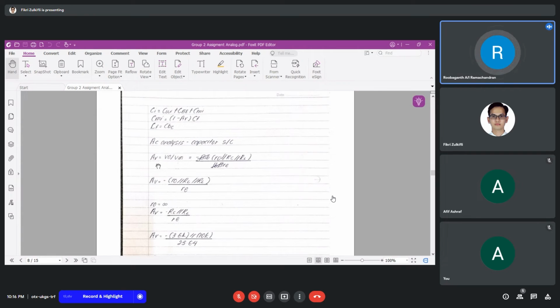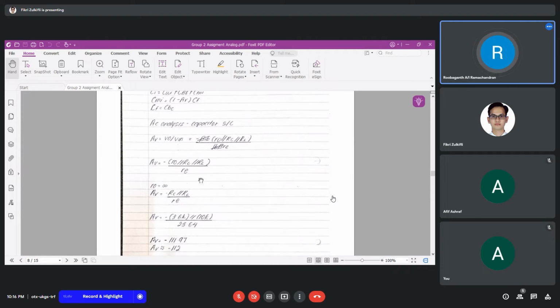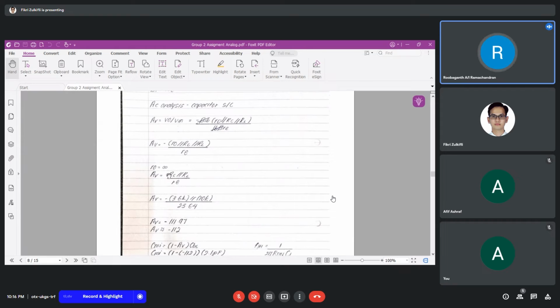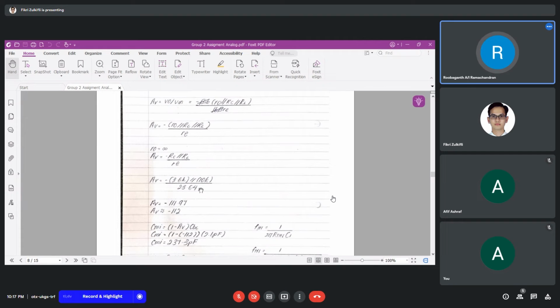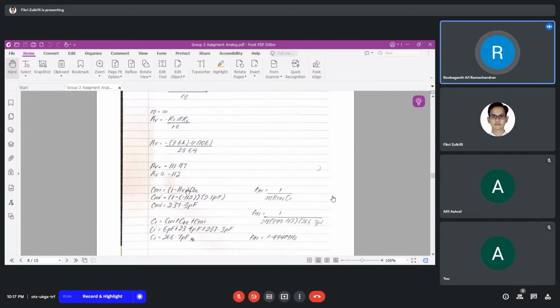So the formula will be AV equals V out over V in equals negative beta IB times RO parallel to RC parallel to RL. We divide, and R naught is assumed as infinite, so we get negative RC parallel to RL over small RE. We substitute the values into it, and we will get AV equals negative 111.97, which is considered as negative 112.